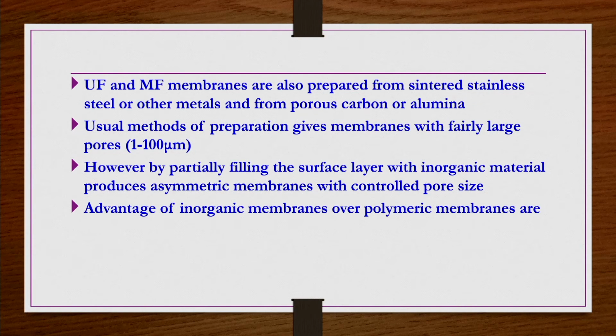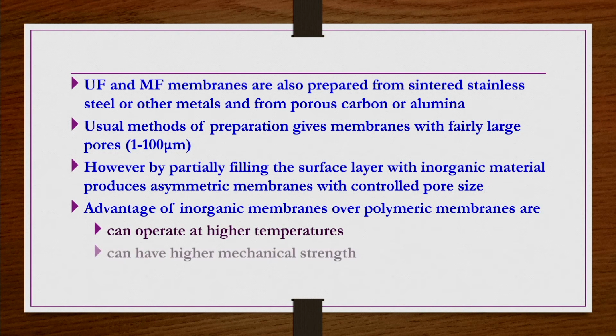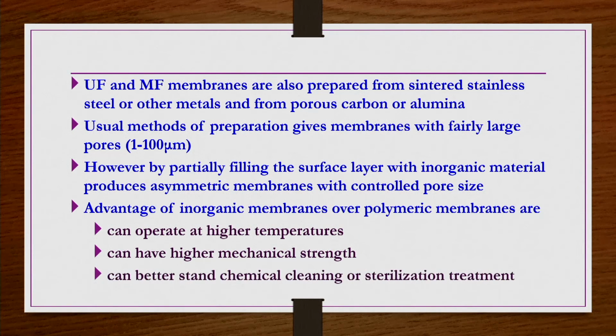Then in general inorganic membranes have several advantages over organic or polymeric membranes. So, what are those advantages? These inorganic membranes can operate at high temperatures, can have a higher mechanical strength, and can better withstand chemical cleaning or sterilization treatment of the membrane after the treatment.